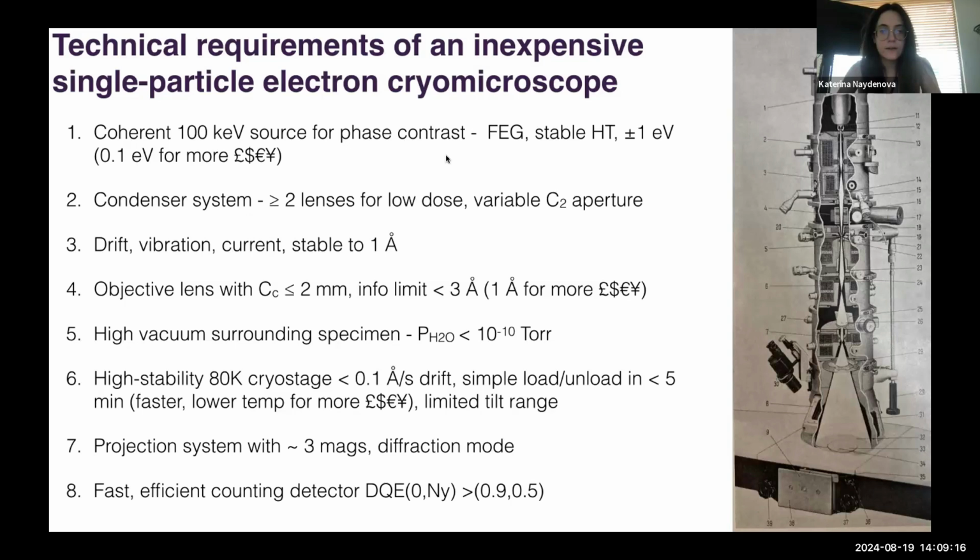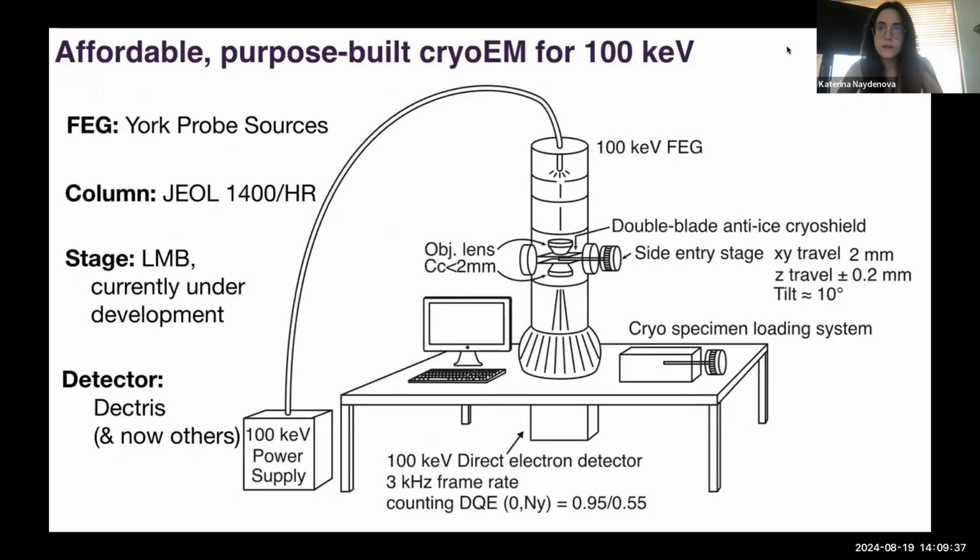So we need a detector that operates at the voltage of this microscope, but also has good efficiency across the different resolution ranges, is capable of electron counting, and ideally runs at a fast frame rate. So with these requirements, we went on and designed a microscope.